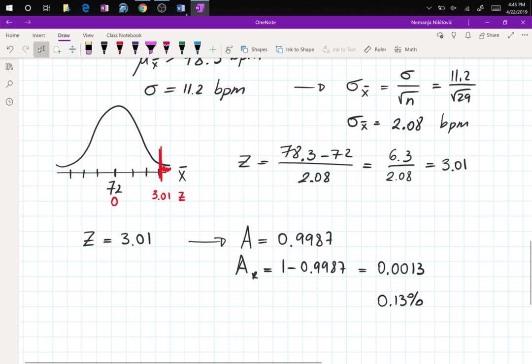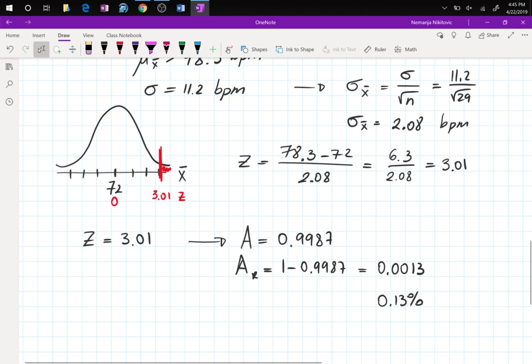Yes? So there are two mu x bars for the 72 and 78.3? They want to see what is the probability of finding a sample of size 29 so that the mean is not 72, that the mean is 78.3.